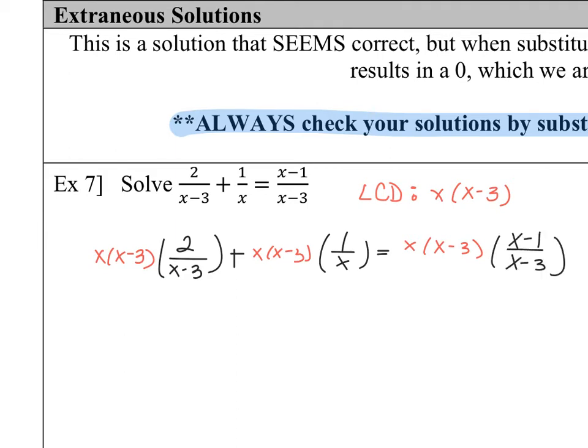All right, now let's see what we can get rid of. In the first one, we're going to get rid of the x minus 3's, and we're left with 2x. Second fraction, we're going to get rid of the x's, and all we're left with is x minus 3 times 1, which is x minus 3. Then on the equal side, we're going to get rid of x minus 3, so we're left with x times (x minus 1).